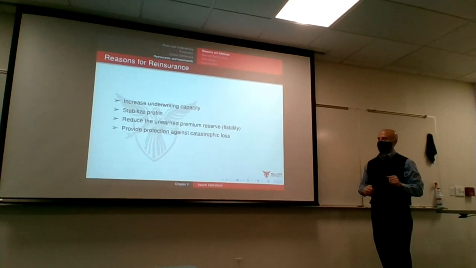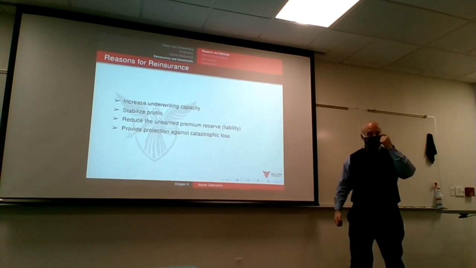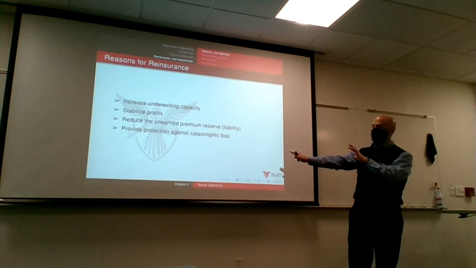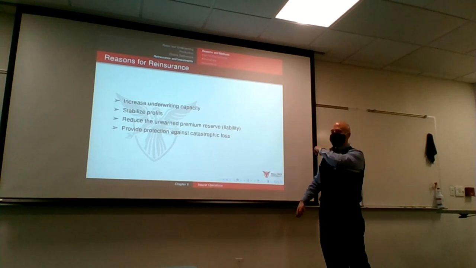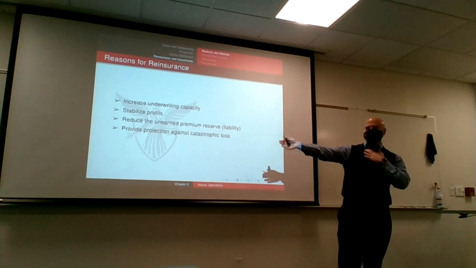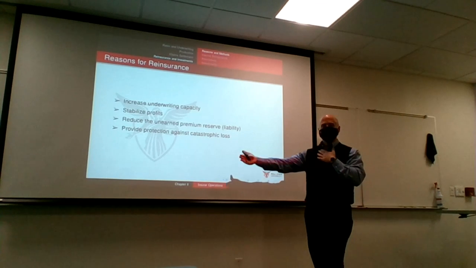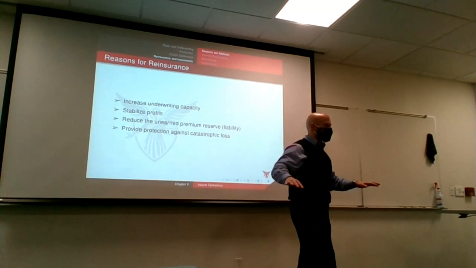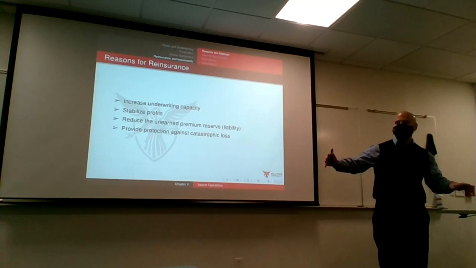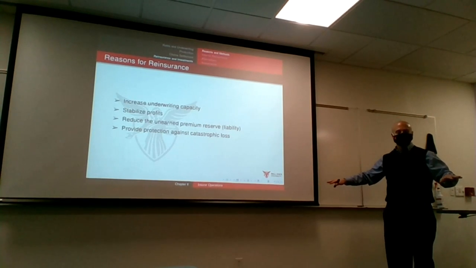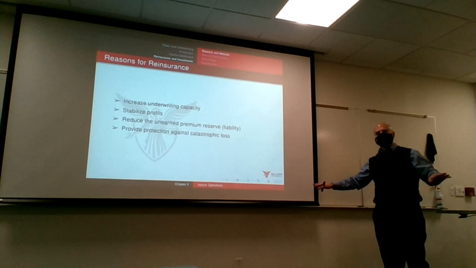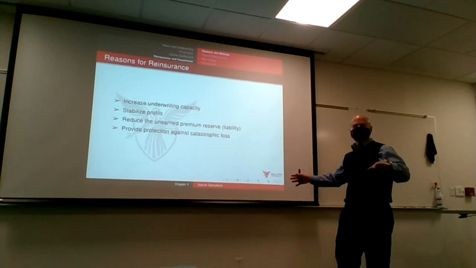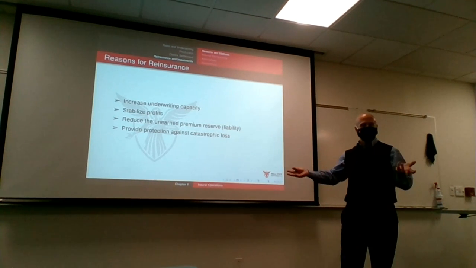Now, why would they want to do this? And this is for external reinsurance: to increase capacity. Once I cede the risk of some of those policies, I'm just paying a known expense. There's not an uncertainty tied to that expense. I agree to pay that premium to the reinsurer. It's an expense now rather than being tied up in loss reserves or unearned premiums.